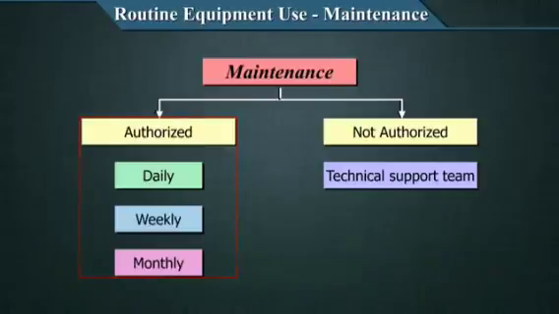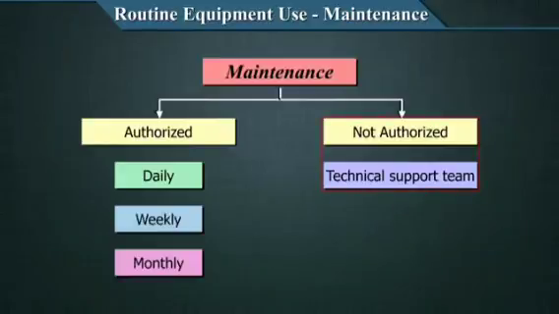Authorized steps are done by the laboratory as per the schedule of the manufacturer, again as per the requirement of that machine and how much it is used, and other preventive scheduled maintenance is done by the technical support team. For those steps which require certain inputs from the technical support team, because there are certain parts which will not be accessible, you will have to call the technical support team to come in, so that they can do the preventive maintenance on this scheduled basis.